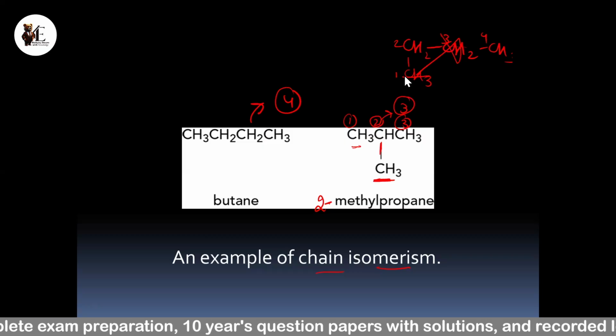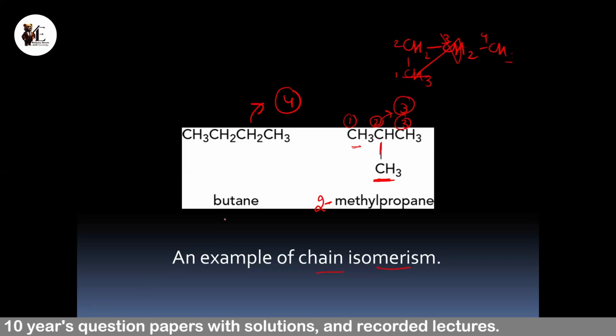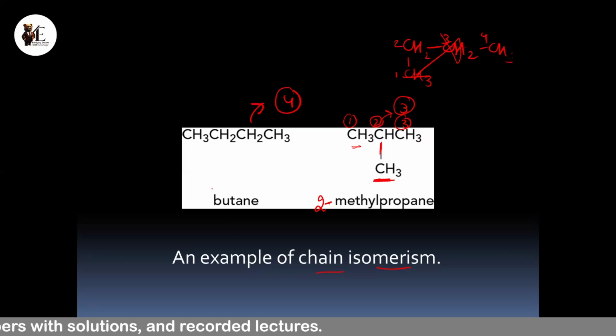Why is it not correct if you put the branching at the first carbon? If you put the branching in the first carbon, then it is a chain of 4 carbon atoms only.